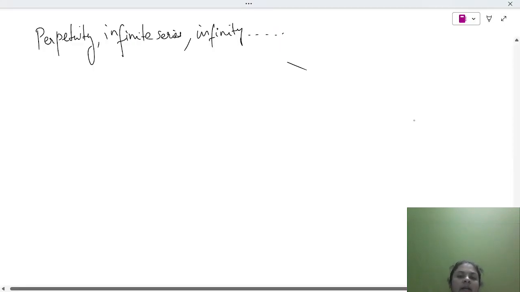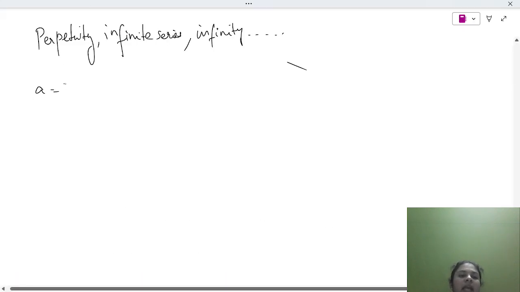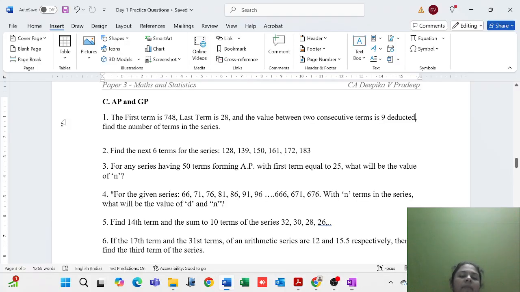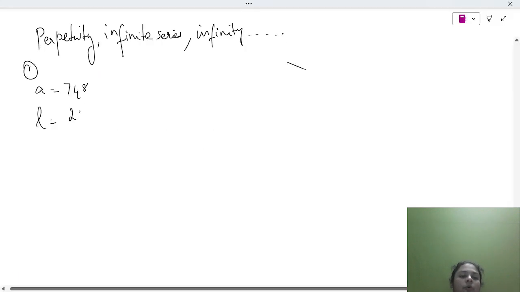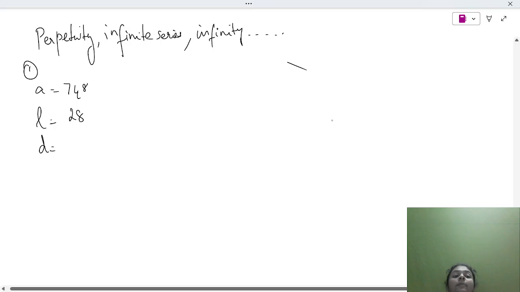So let's write down. First term A is equal to 748. Last term L is equal to 28. The difference between two consecutive terms is 9 deducted. Deducted means subtracted or reduced. So D is minus 9.